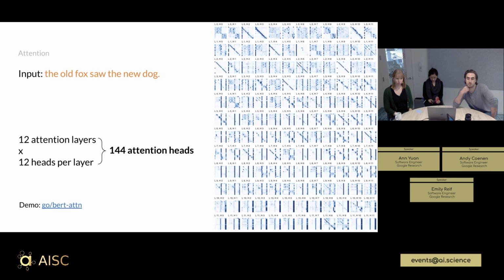As these embeddings get passed through the layers, these varying amounts of attention are sort of shuttling information from one embedding into the other embedding. You can see interesting patterns emerge, like words paying attention to the next token, or the previous token, or to the CLS token, which is kind of neat in and of itself.